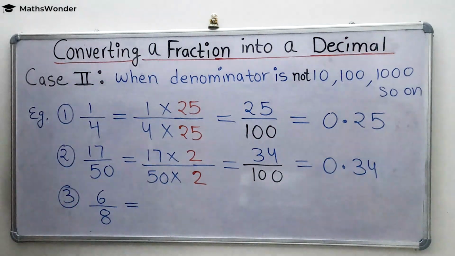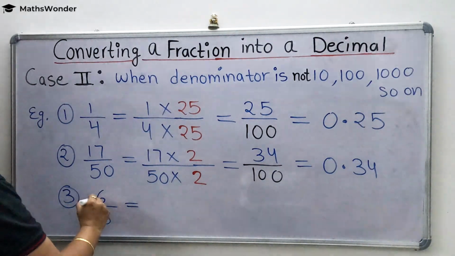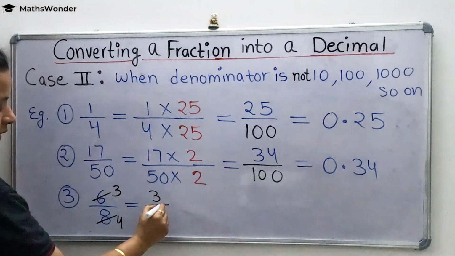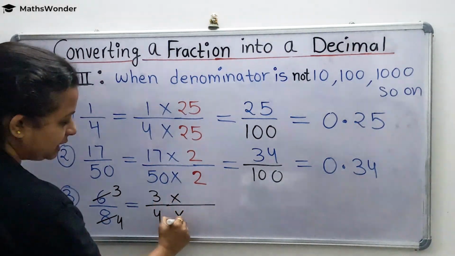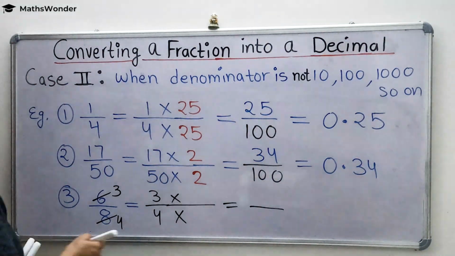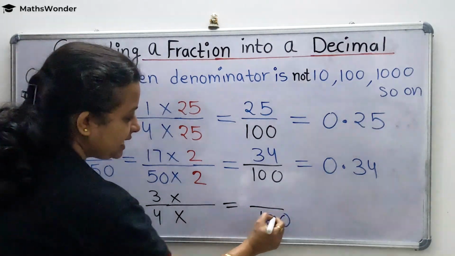First of all, you can see here 6 over 8, we can simplify it, right? When you simplify this, 2 times 3, 2 times 4, it becomes 3 over 4. And now 3 over 4 we can multiply with a number that will give 100. We have already done this in example number 1, it easily gives 100.